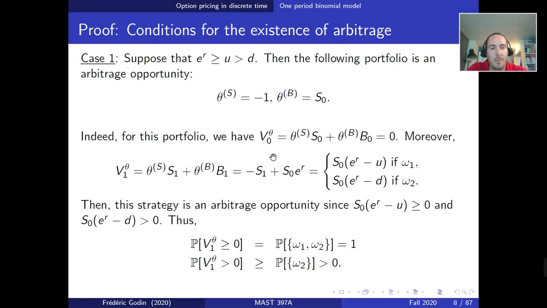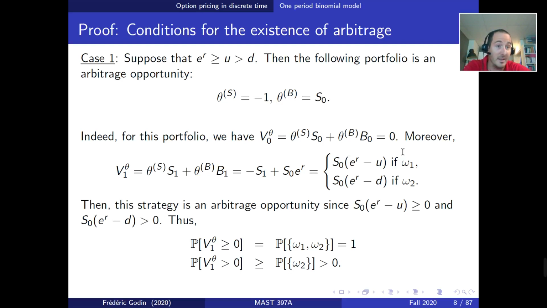By definition, V0 is the number of shares of stock times the initial stock price plus the number of shares of the risk-free asset times its initial value. Recall that theta S we defined as -1, so this is minus S0. Theta B is equal to S0 by our assumption, and B0 we said is equal to 1, so this is minus S0 plus S0, which is equal to 0.